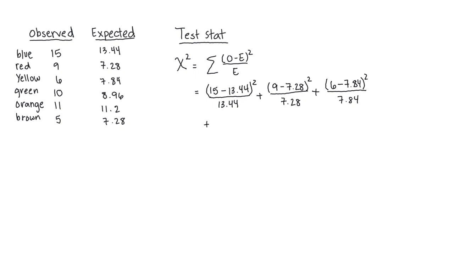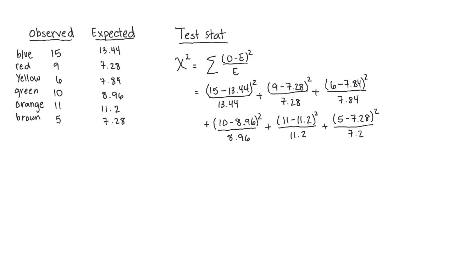Plus, now to green, 10, my observed, minus my expected of 8.96 squared divided by 8.96, plus, now to orange, 11 minus 11.2 squared divided by 11.2, and finally brown, 5 minus 7.28 squared divided by 7.28. So we're going to use our calculator to figure out what this sum is.